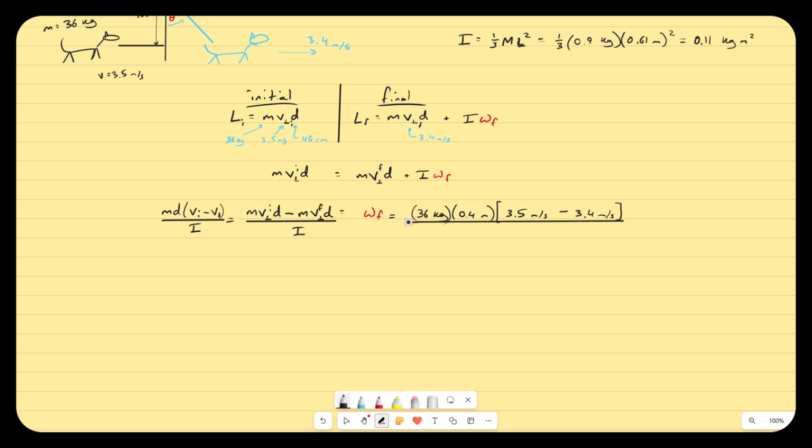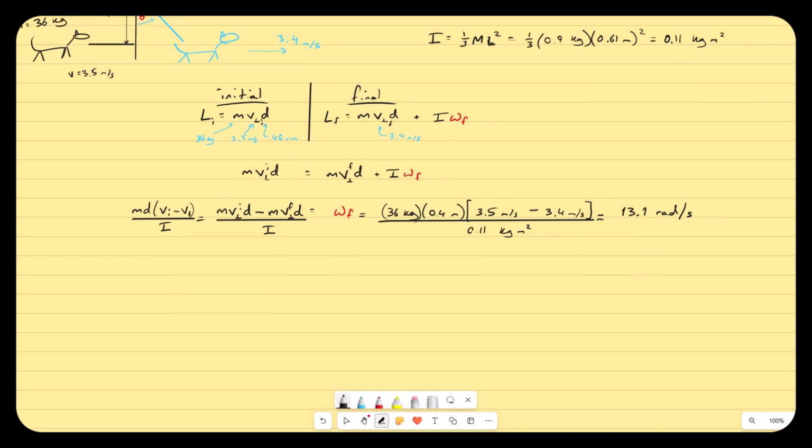All of that divided by 0.11 kilogram meters squared, giving me a final answer of 13.1 radians per second. That's pretty fast. At that rate, it would make 2 full rotations in 1 second. So this thing's moving.